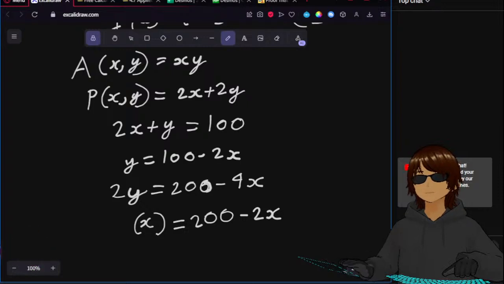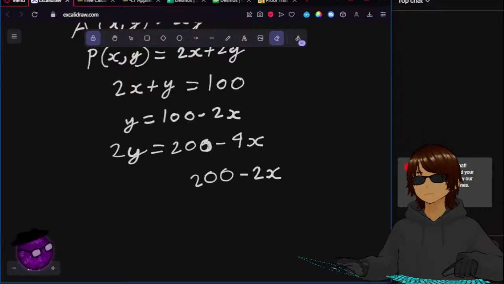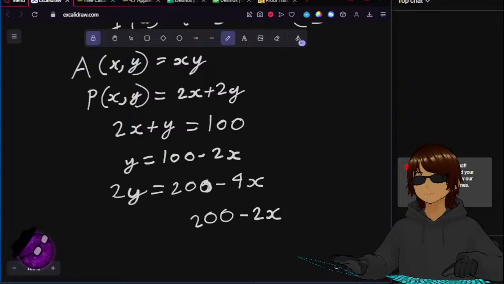No wire. No, wait. Oh, what is this? What did I calculate? 2x plus y is 100. That's the wire fence.